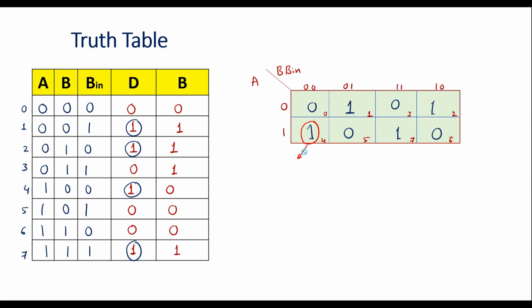For the first one the term is A bar B bar B in, and for the next it is A bar B B in bar. For the one in row A the term is A B bar B in bar, and for the last one it is A B in.